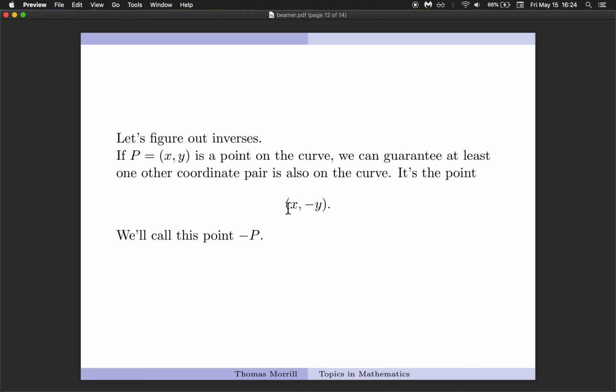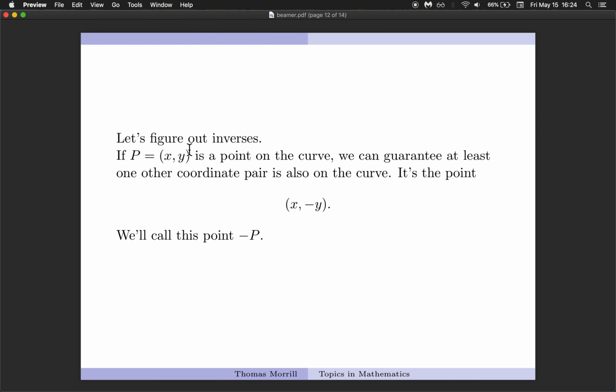The coordinates for minus P are going to be the only other point I can guarantee is on this curve. If I know that P has coordinates x and y, and I know that the elliptic curve is symmetric, right? It has that mirror reflection, I can guarantee that the coordinates x and minus y will also be on the curve.